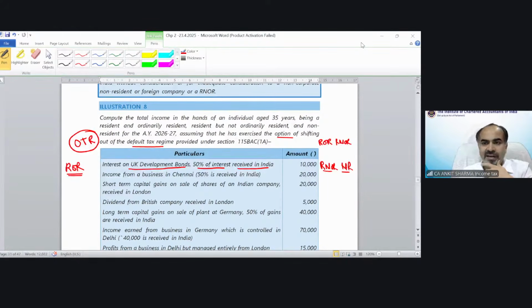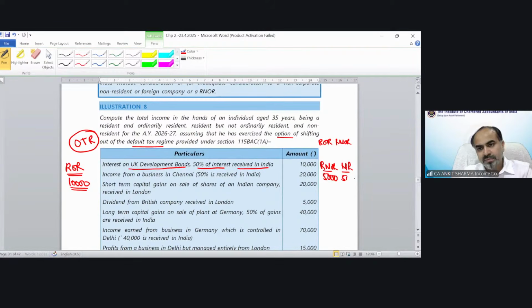Isha is saying 10, 5, 5, very good. Sridhar is saying 10 for ROR, 5 and 10. Sridhar, 50% is remaining. Anjum is saying 10, 5, 5. Well done. Absolutely. In case of resident and ordinarily resident, the full amount is going to be taxed because it's a current year income. And in case of RNOR and NR, only the amount received in India is going to be taxed.